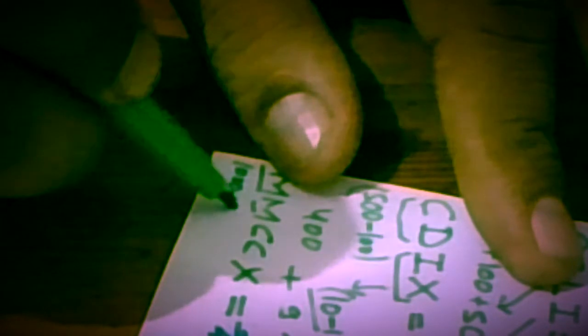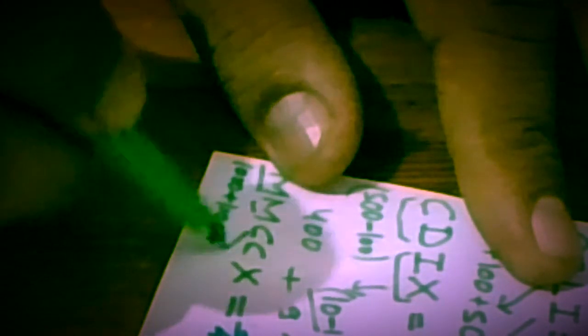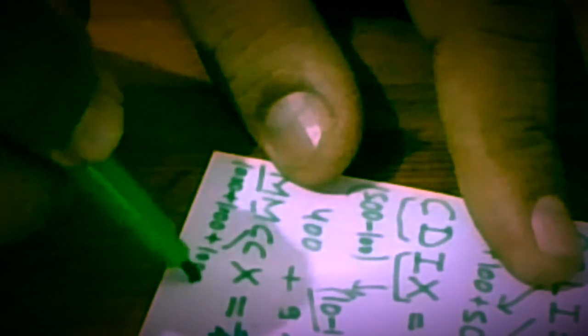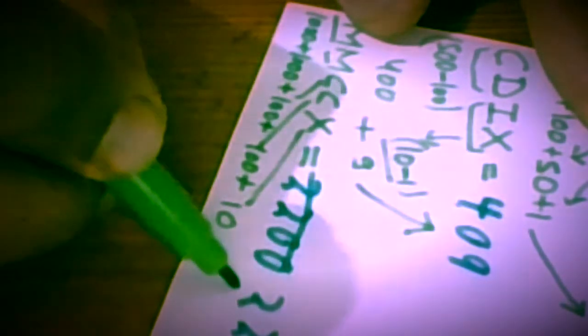So 2210. Correct. If we break this number, M will be 1000 plus the next M will be 1000 plus C will be 100 plus the next C will be 100 plus X will be 10. So if you sum all these numbers, it will come to 2210.